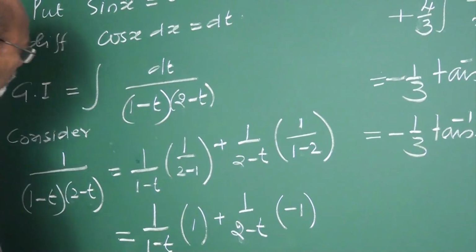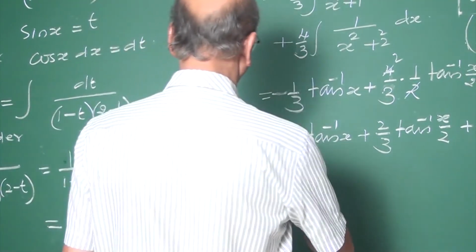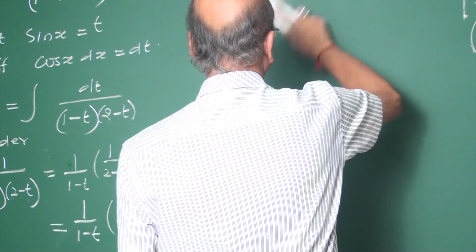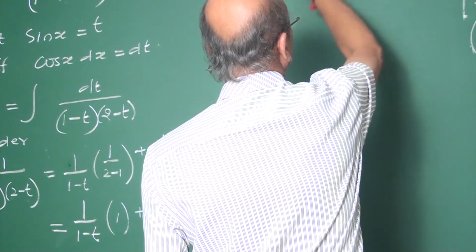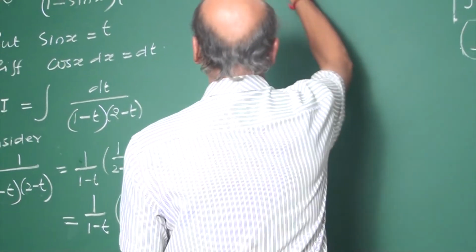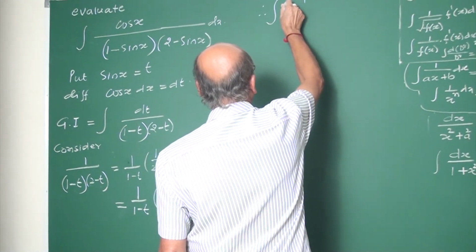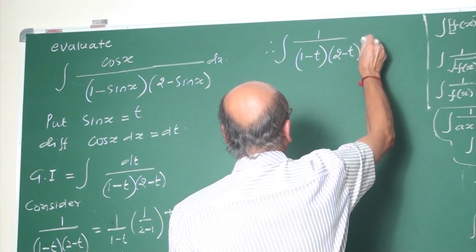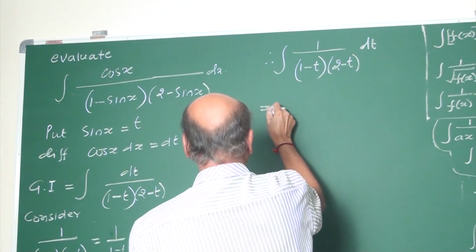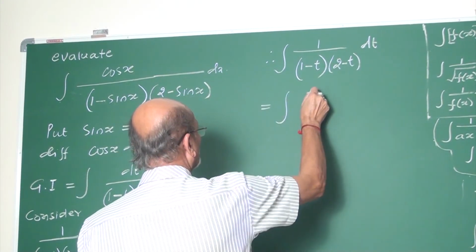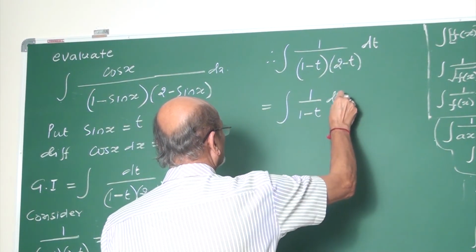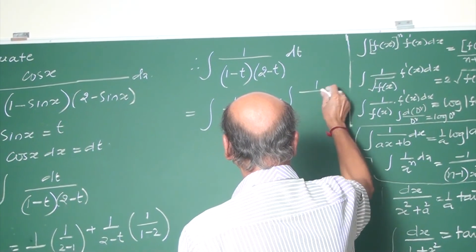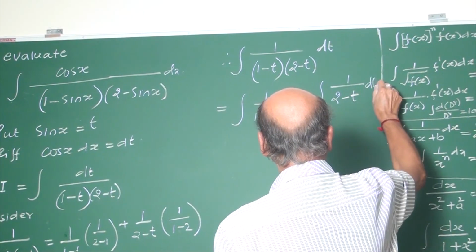Therefore, the integral of 1 upon (1 minus t) into (2 minus t) dt equals the integral of 1 upon (1 minus t) dt, and you have minus 1 here, my friends, minus the integral of 1 upon (2 minus t) dt.